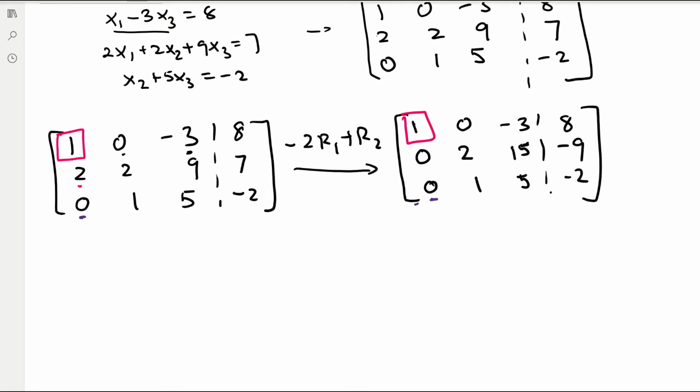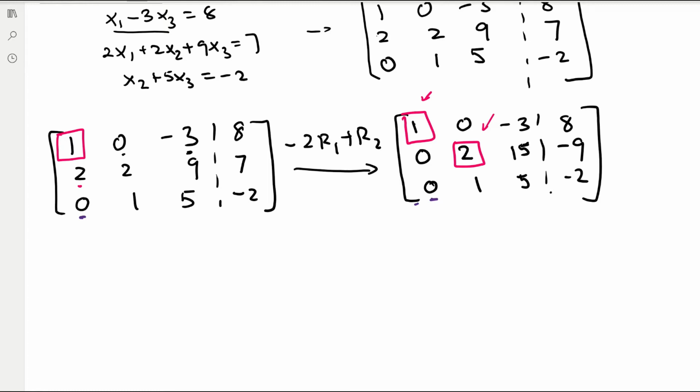In the second row, the leading entry is now 2. And now we are on the right path, because a leading entry should be to the right of the previous leading entry. So here's the first leading entry, and the second leading entry is on the right side of the first. So good, we are on the right track.